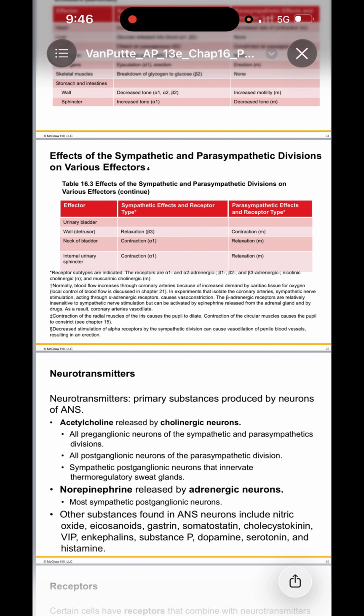The beta adrenergic receptors are relatively insensitive to sympathetic nerve stimulation, but can be activated by epinephrine released from the adrenal gland and by drugs. As a result, coronary arteries vasodilate.